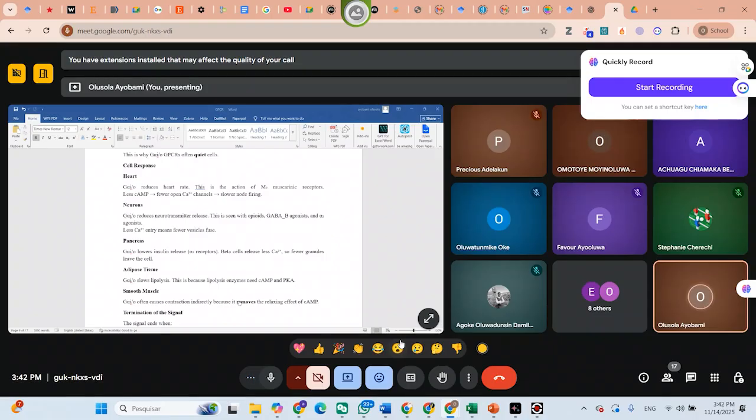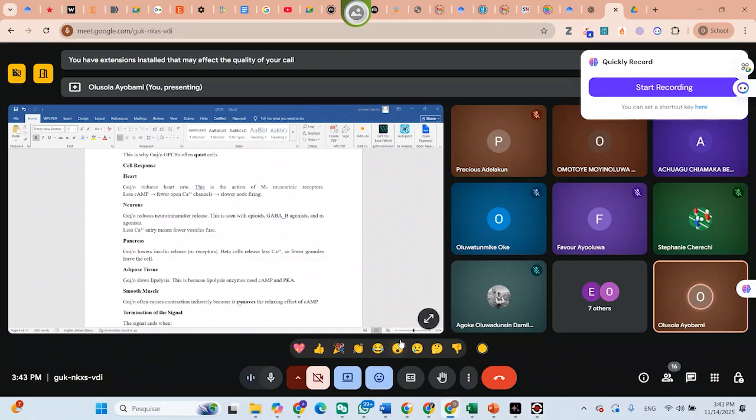Just anything we have said under G-alpha stimulatory, just begin to reverse it. So for the heart, we are going to have a reduction in the heart rate. This is the action of the muscarinic 2 receptor, because there is fewer opening of calcium channels, and all of that.